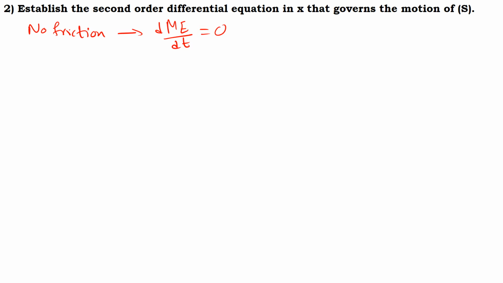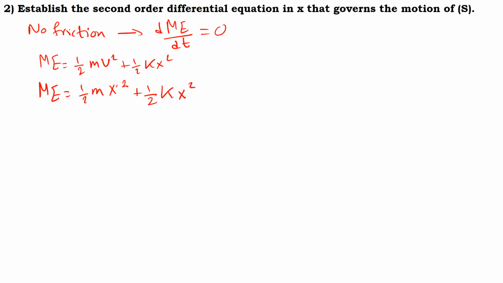Now, the mechanical energy, we found it as 1 over 2 mv squared plus 1 over 2 kx squared. I will rewrite the same formula by replacing v by x prime, because v is given as x prime, or the first derivative of the position, plus 1 over 2 kx squared.